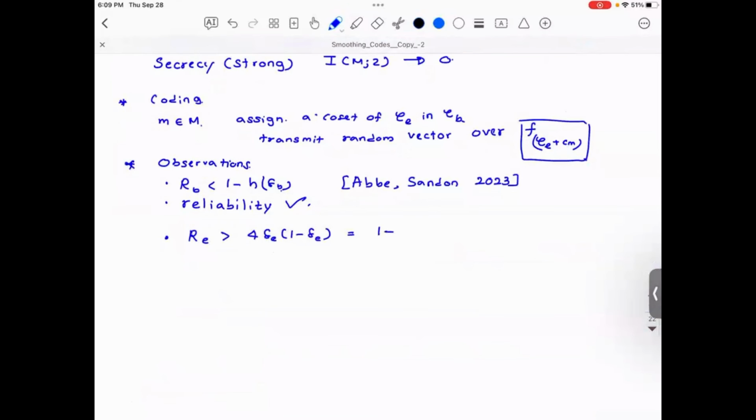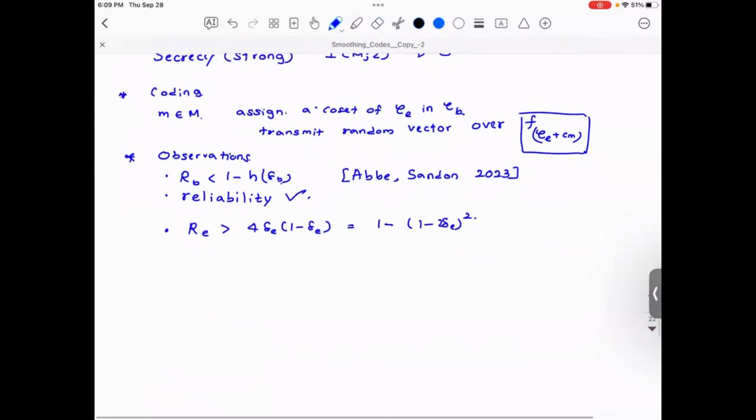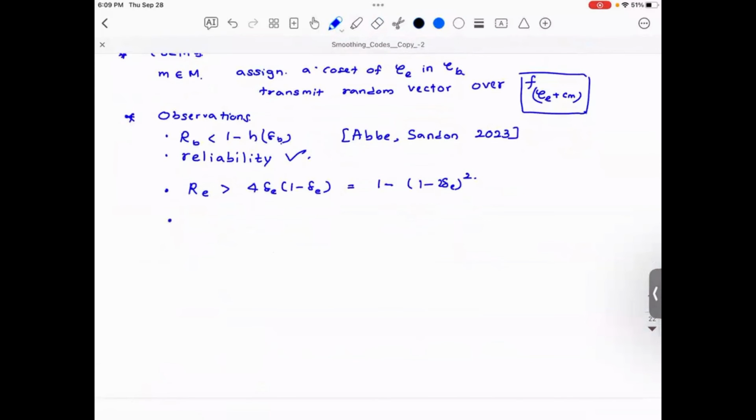This is actually 1 minus something. In this case, we have CE plus CM convolved with the Bernoulli with parameter beta delta B. This is close to the uniform distribution.